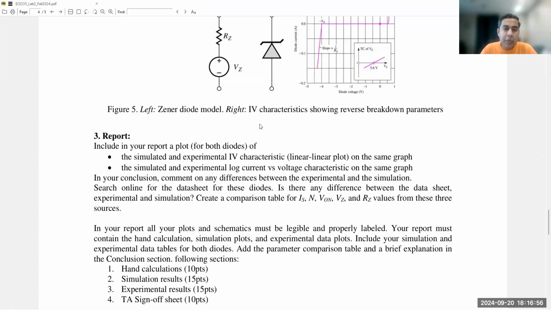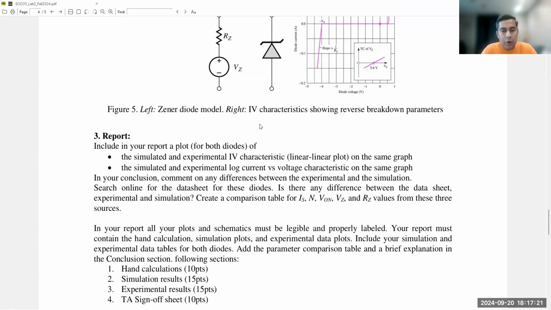And also, you have to create the logarithmic current versus voltage plot for these two devices in forward bias condition to find out their IS and N values. You have to do this for both of the devices, and only in the reverse direction for the Zener diode to find out the VZ and RZ values.